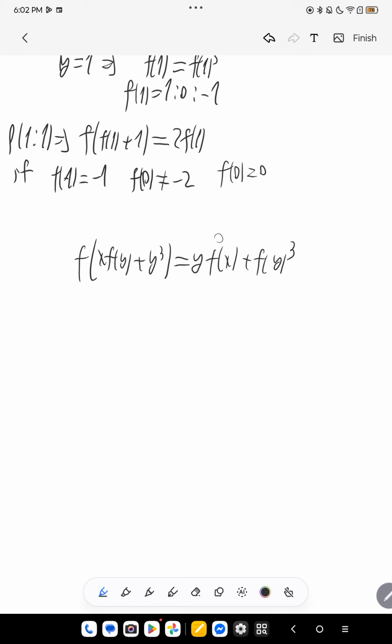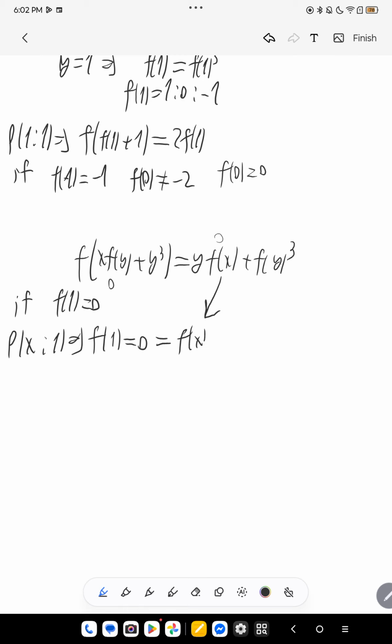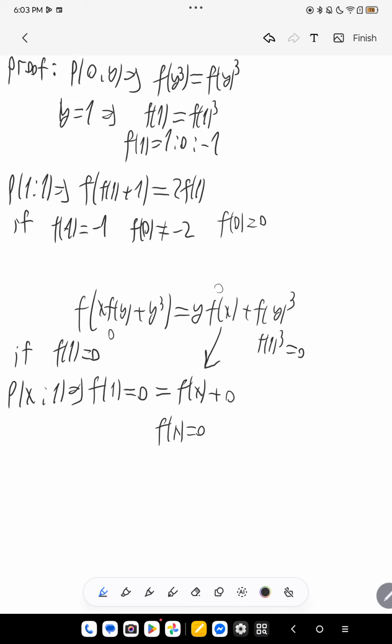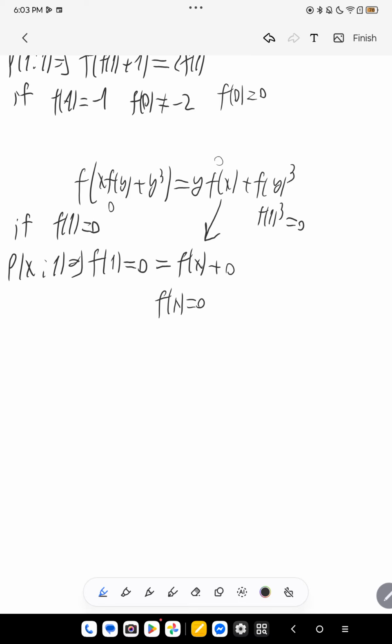Now if f(1) is 0, then let y equal 1, and we get 0 equals f(x) plus f(1) cubed, which is 0, so we get f(x) equals 0, which works because 0 equals 0 plus 0.